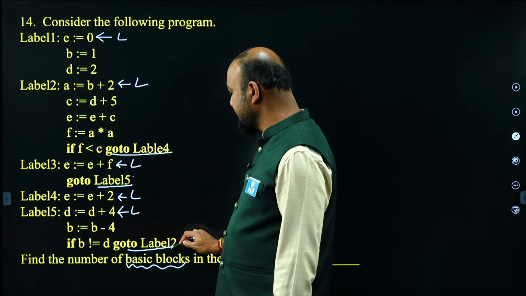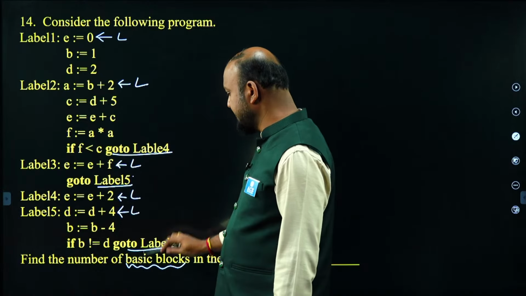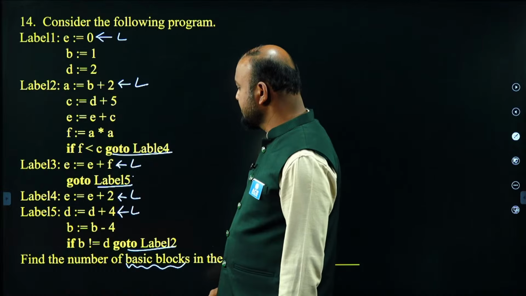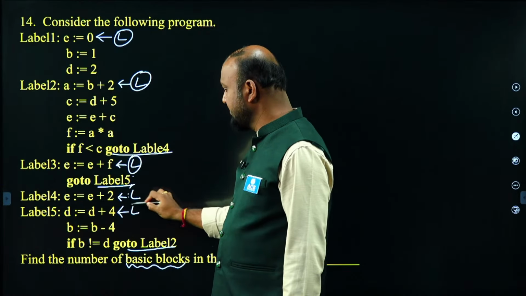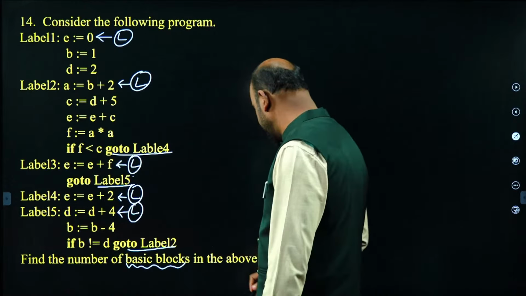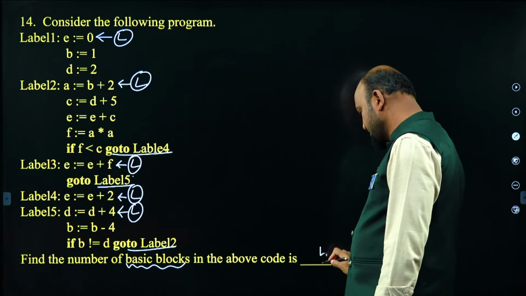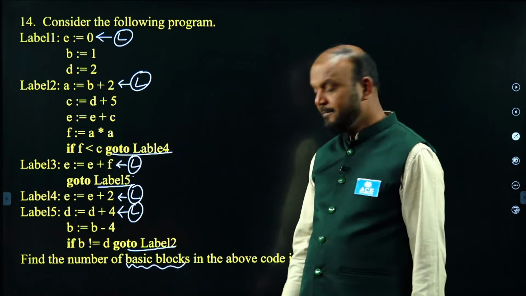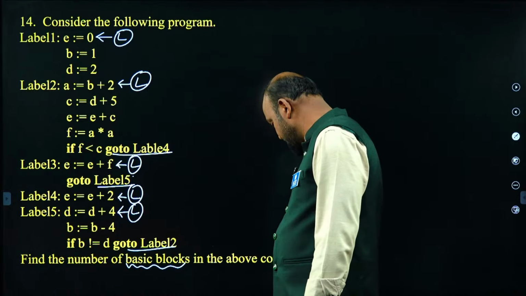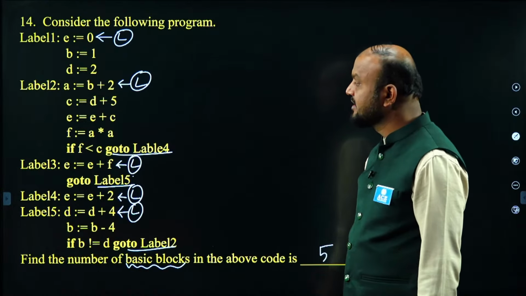And goto label 2. Label 2 is a leader and its next statement is a leader. So how many leaders are there? 1, 2, 3, 4, 5. 5 leaders. So 5 basic blocks are possible. There are 5 basic blocks in the program.